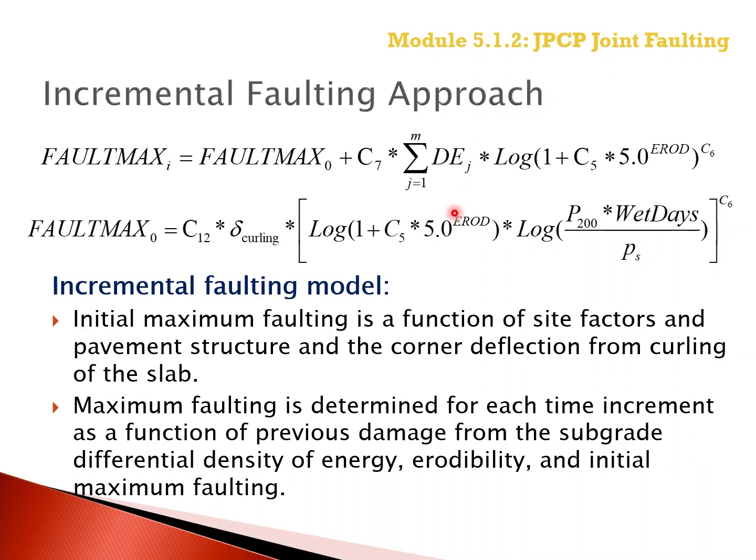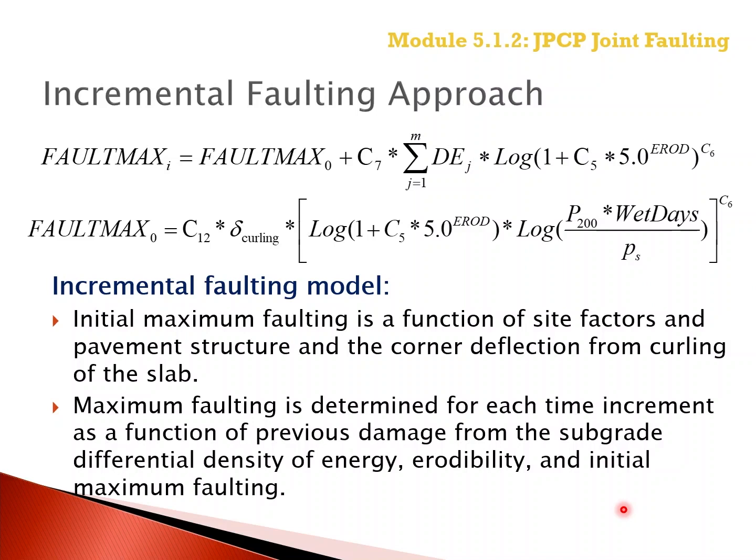In summary, the incremental or the initial maximum faulting value at the beginning of the time increment is a function of the subgrade and climate variables and the curling of the concrete slab as defined on the previous slide.